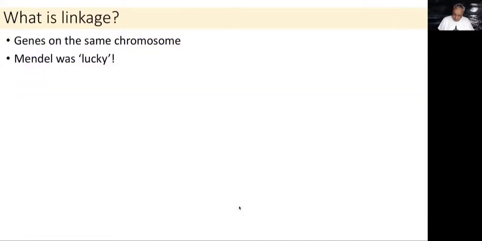And now let's look at what linkage is. So the best way to explain linkage would be to use an analogy. The word link means a chain with links in it. So that chain is a single entity.